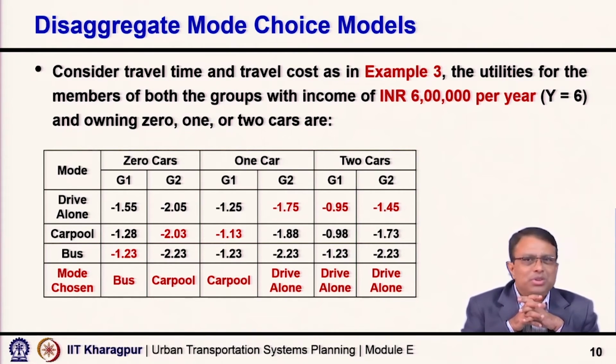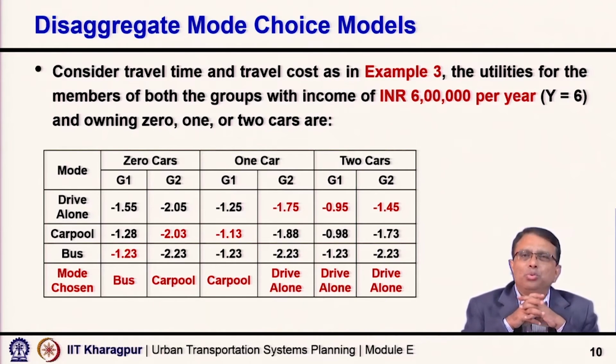But if I do not consider this, as in all the previous examples where we did not make this group 1 or group 2 and considered them just as one group, there everybody was predicted to be using bus. So, when you consider further grouping, the choice is actually different.